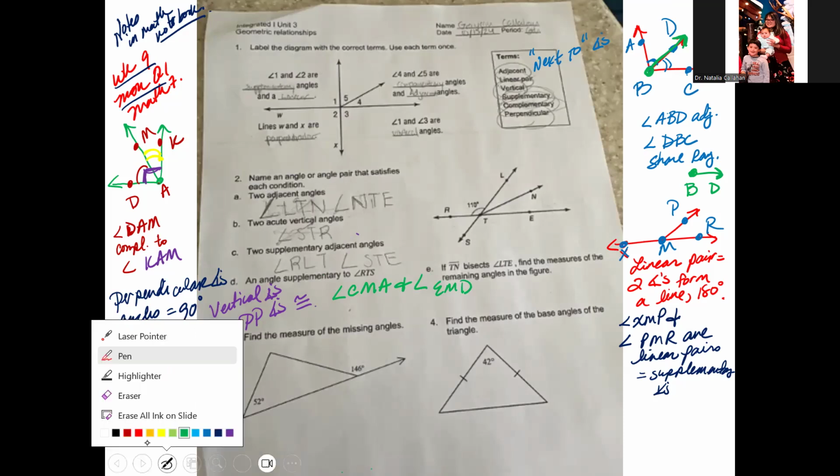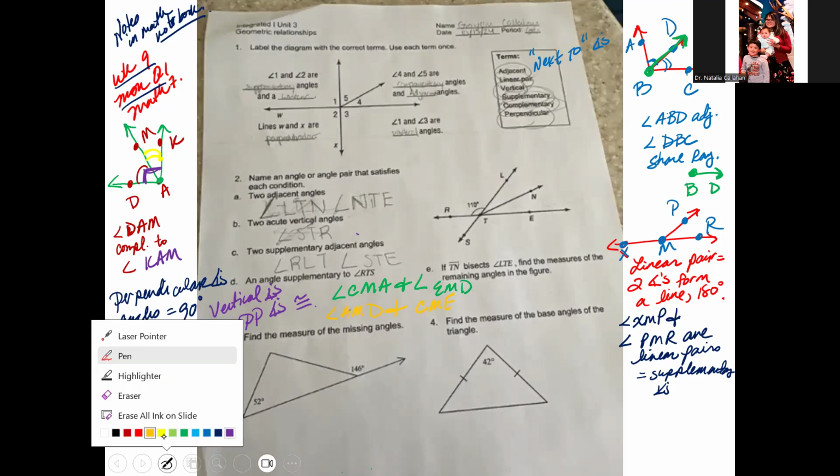Because they're opposite. They share that little point in between. Can you give me another set of vertical angles? I'm going to give you the first one. AMD. What's the vertical to AMD? No, AMD is this one right here. The vertical has to be over here. So what's that angle? CME. Does that make sense?